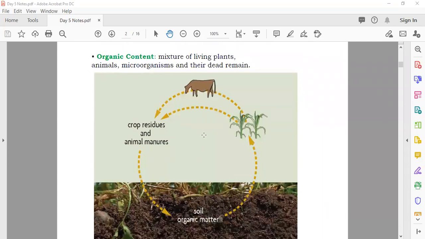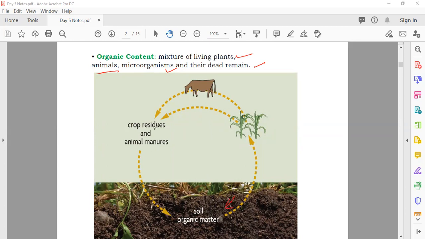Then we use another word, organic content. Organic content means the mixture of living plants, animals, microorganisms, and their dead remains. For example, some plants, when they die, mix with the soil.